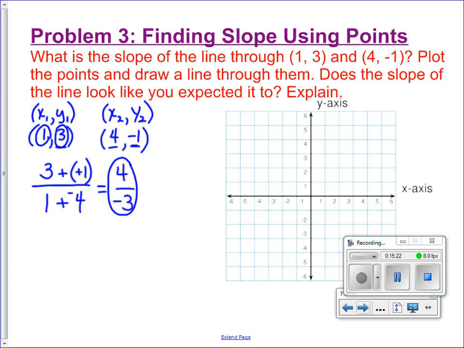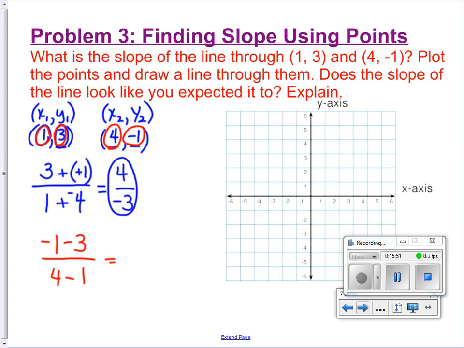All right, let's do it the other way around. Now, suppose that I started with my negative 1 and then subtracted the 3 over, since I started with negative 1, I have to start with my 4 on the bottom and subtract the 1. Change in y over change in x.